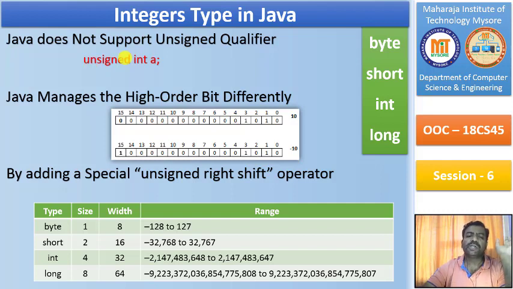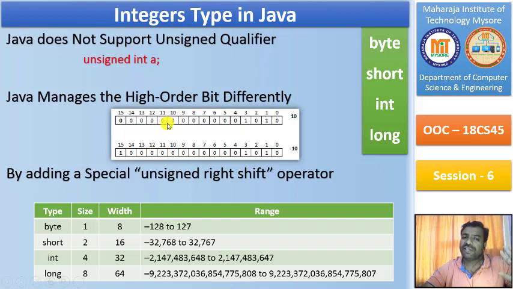Fine. Now this Java program is going to make use of a special shift operator called the unsigned right shift operator. So this is how it manages the higher order bit. When I say unsigned right shift, I am going to shift the bits by 1 or whatever value you give, to make sure we use the entire set of bits. By default, as we know, we reserve 1 bit for the sign of a value, either positive or negative.